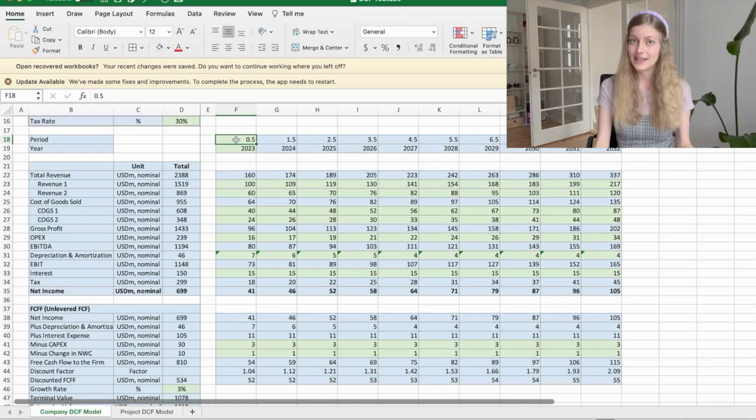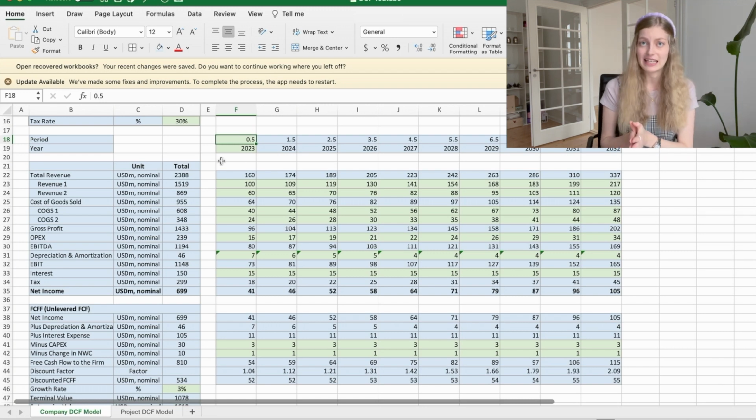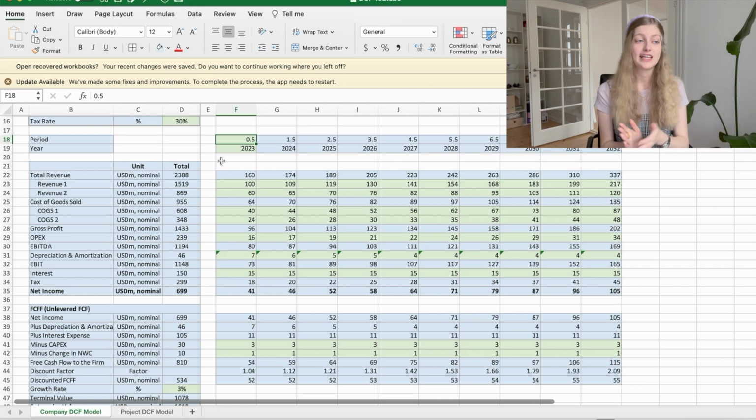Instead, you want to assume that on average, all these different cash flows came in the middle of the year. So half before the middle of the year and half after the middle of the year. And because of that, you want to subtract 1/2 from the intuitive period number. And so for example, take the first year here where we discount by 1/2. And so not all the cash flows were made in December. We also made money in January and February and August and so on.